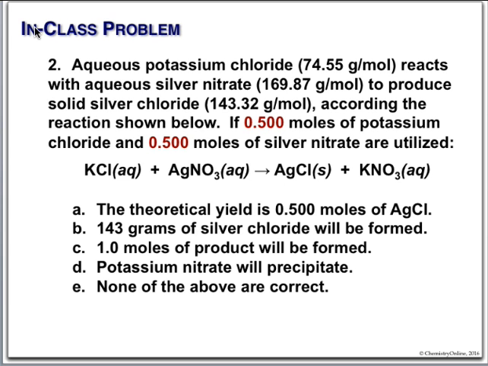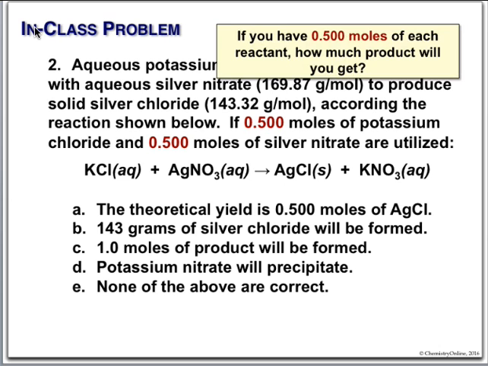All right. What are our answers? Theoretical yield is 0.5 moles. Now, if we have 0.5 moles of each of them, how much product do you get? 0.5 moles. So this looks good.